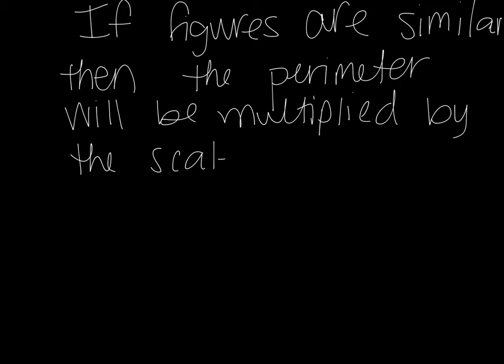And what I mean by scale factor, I know we've studied this a little bit, but I just want to refresh you. Scale factor means if I go from a 3 by 2 to a 6 by 4, my scale factor would be 2. I multiplied both sides by 2.